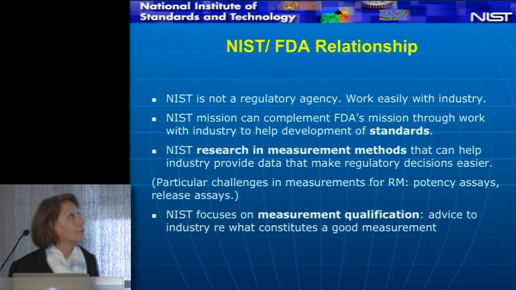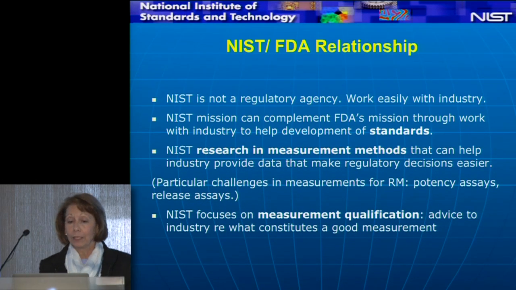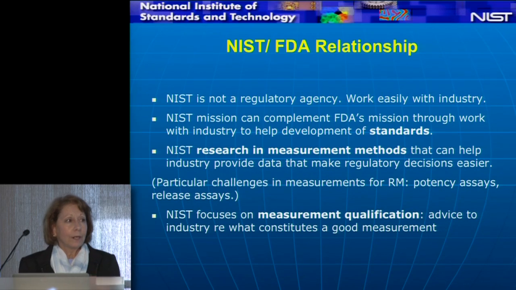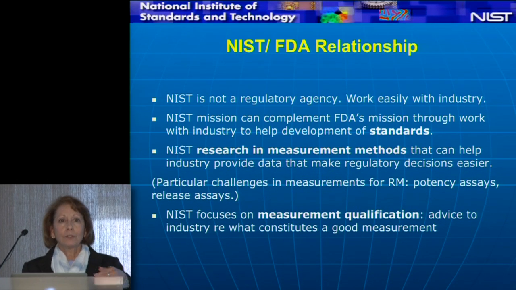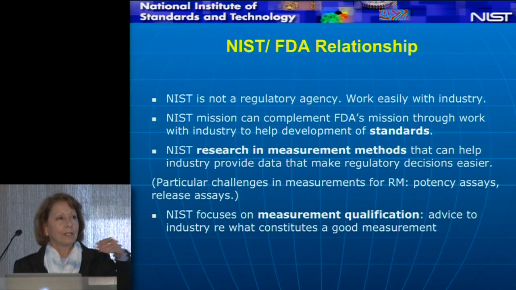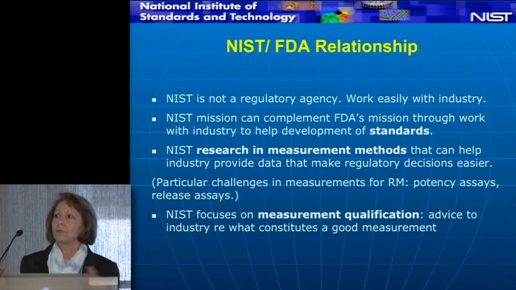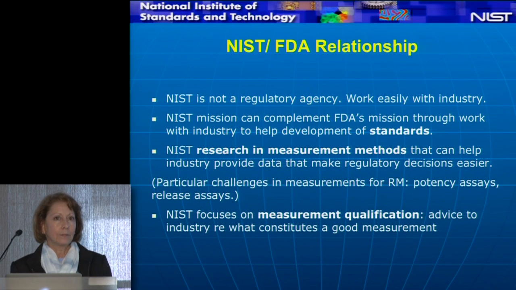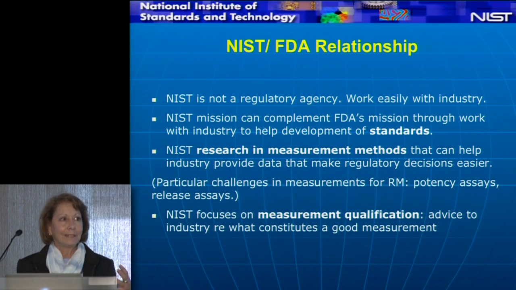But our missions can be very complementary because what we try to do is develop measurement science that could actually make FDA's job easier by providing tools that industry could use to get better measurements. And if industry can get better measurements on their process and their product and be able to demonstrate the evidence behind those better measurements, then the regulatory process becomes a lot easier.